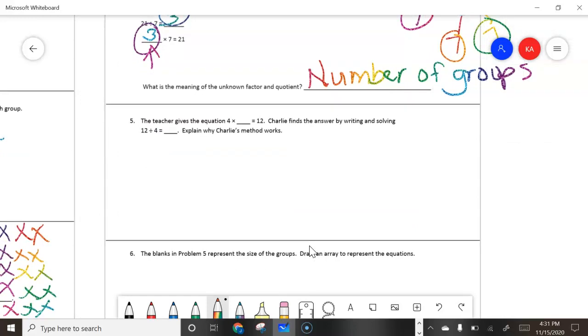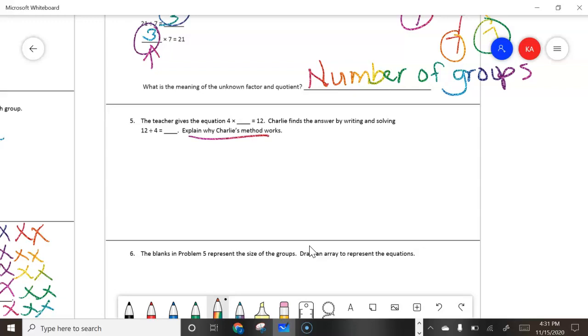Number 5, the teacher gives the equation 4 times blank equals 12. Charlie finds the answer by writing and solving 12 divided by 4 equals blank. Explain why Charlie's method works. So this is really just going to be in a sentence. I'm just explaining why it works.